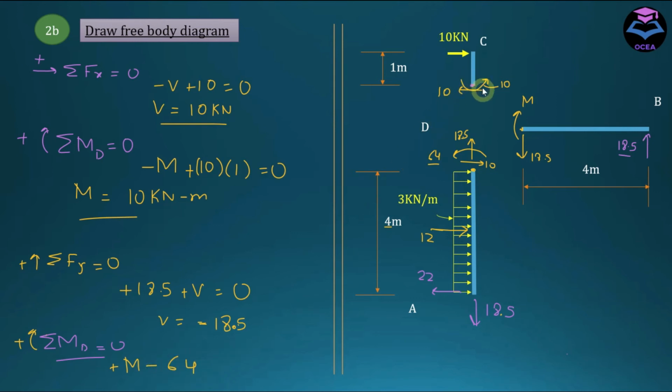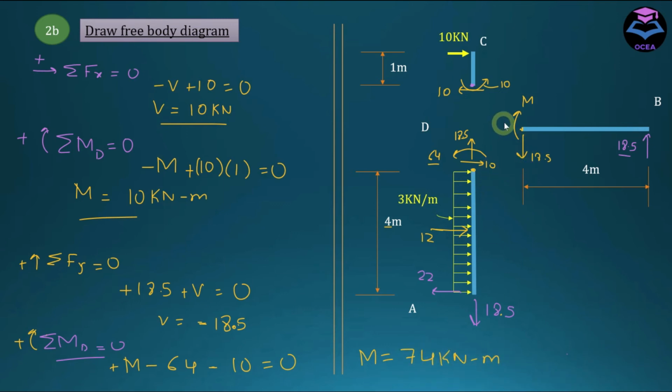And here we have 10 kilonewton meter moment, which is acting in counterclockwise direction as well, so this is also negative. So the moment here comes out to be equal to 64 plus 10, which is equal to 74 kilonewton meter.